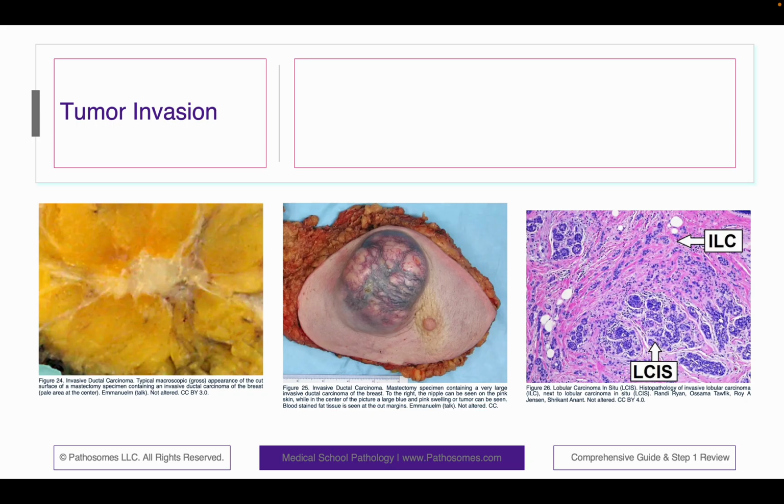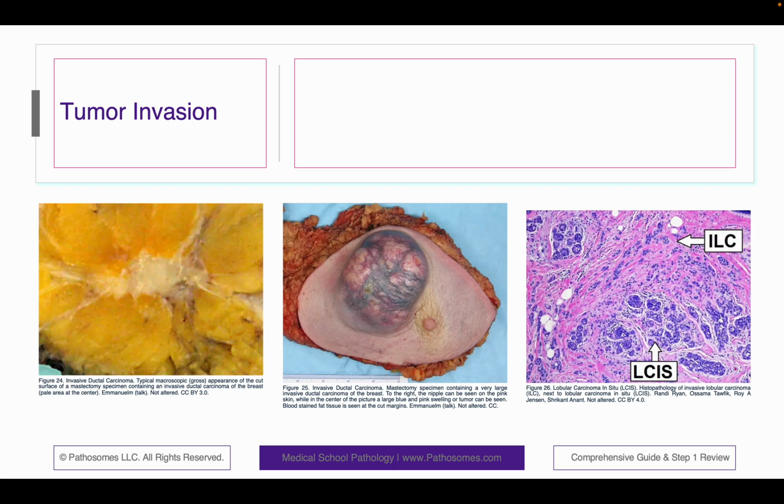Now here we see various examples of tumor invasion. All my future breast surgeons out there and future pathologists, future oncologists: Figure 24 on the bottom left shows invasive ductal carcinoma. The middle figure shows invasive ductal carcinoma. This is the surgical specimen that was removed from the patient.